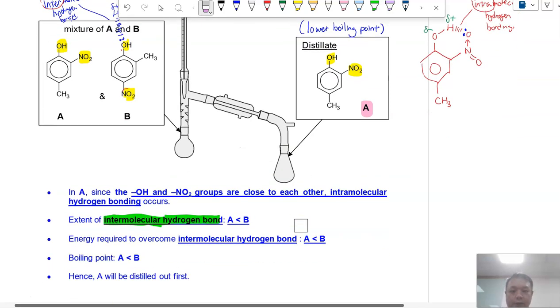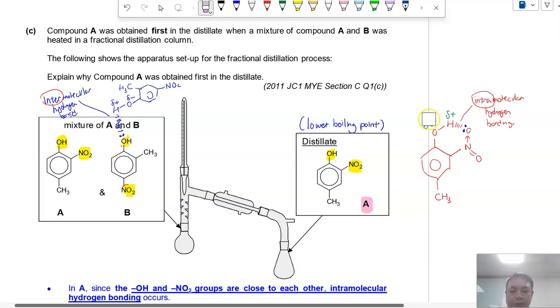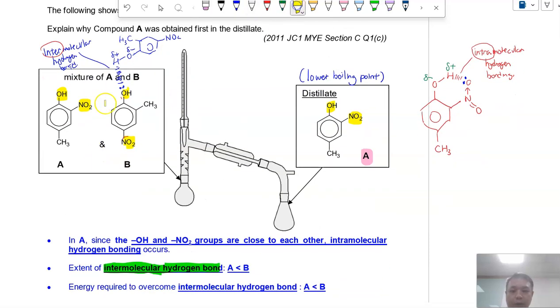In such a question, when we are comparing between intra and inter, it is important to analyze the relative positions of groups that can partake in hydrogen bonding.